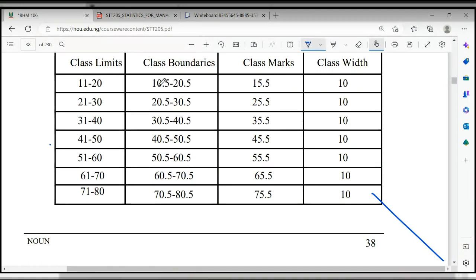It is a normal class boundary. But when you are solving it, it will be 20.5 minus 10.5. Okay, it's 10.5 to 20.5, not minus.